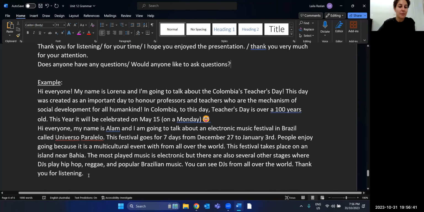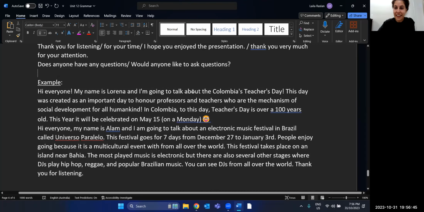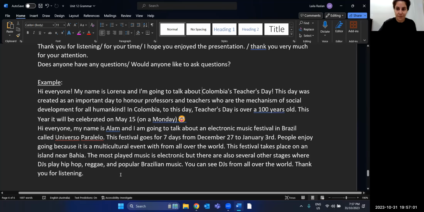So this is an example. Lorena wrote this one, and she was speaking with her team about Colombia's Teachers' Day. So she writes, hi everyone, my name is Lorena, and I'm going to talk about the Colombian Teachers' Day.